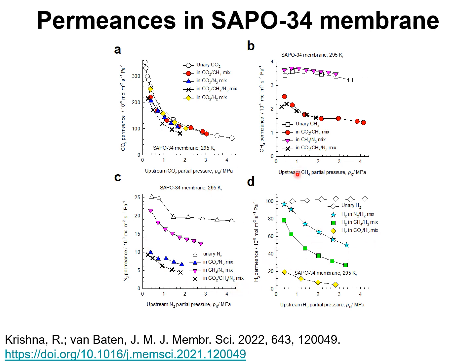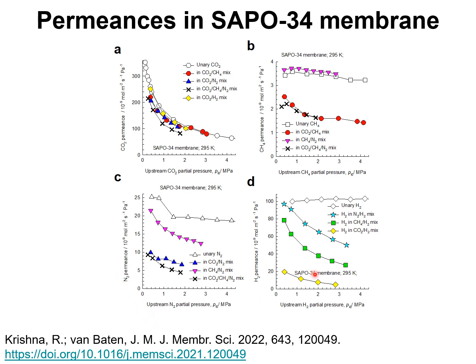We note that for carbon dioxide, the component permeance of carbon dioxide in any mixture, whether it's a binary mixture or a ternary mixture, is almost the same, not quite exactly so, but almost the same as the unary permeance of CO2. But that is not the case for the component permeance of methane, nitrogen, and hydrogen.